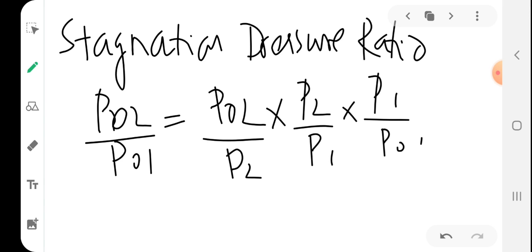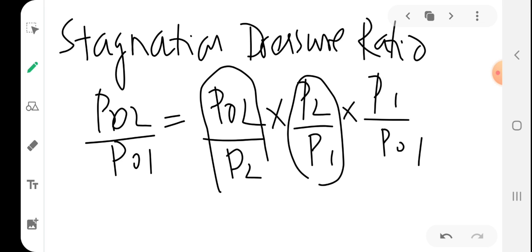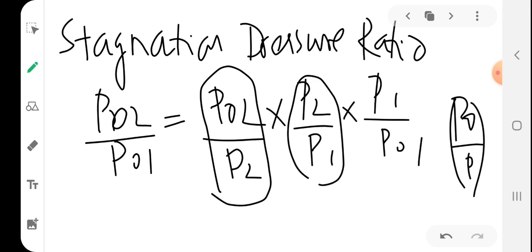Can you solve this equation on your own? Already we have found the relation for P2 by P1. You may be knowing the equation for P0 by P, already known to you even from the first module itself. Similarly, P1 by P01 is also the inverse of this ratio.